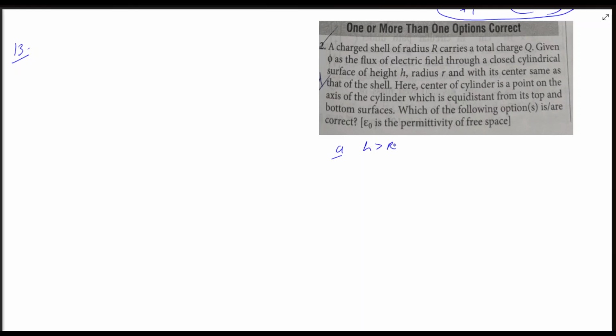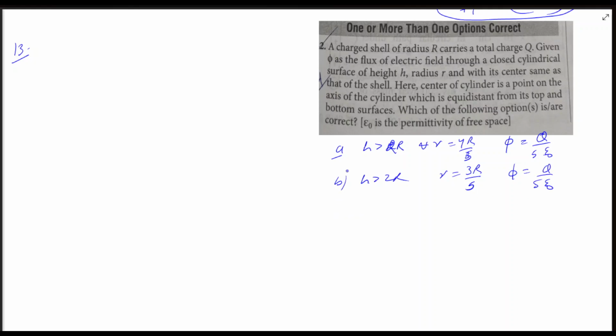Option A: if H is greater than 2R and small r is equal to 4R by 5, then phi will be Q upon 5 epsilon naught. Option B is the same, but r is 3R by 5, so phi will be Q upon 5 epsilon naught.